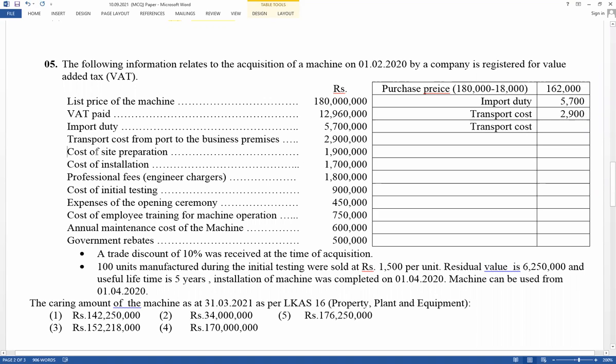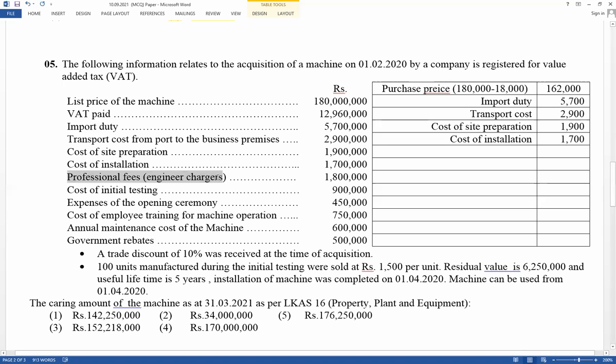Next, cost of site preparation also should be considered. Site preparation cost equals 1,900. And cost of installation also should be considered, 1,700. That is the first thing, how to calculate cost value of property, plant, equipment.